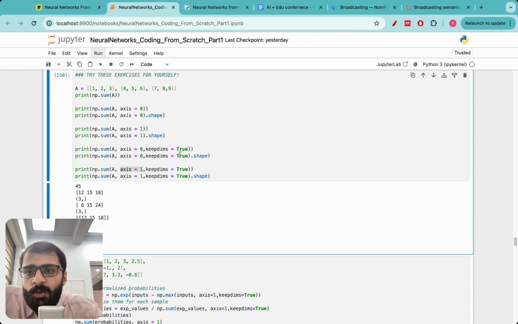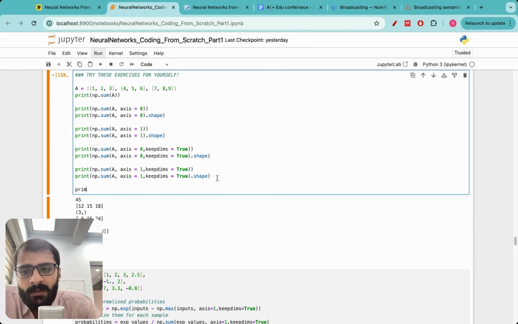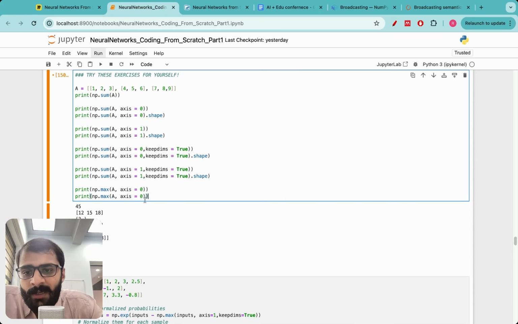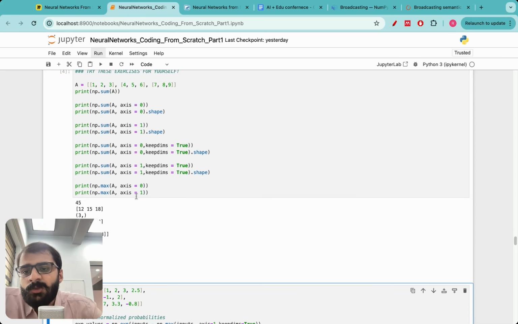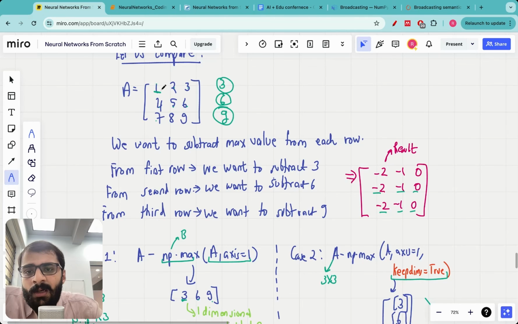We can also print np.max of a with axis equal to 0, and we can print np.max of a with axis equal to 1. So if you print along axis equal to 0, and if you take the maximum values, it will compare the rows.